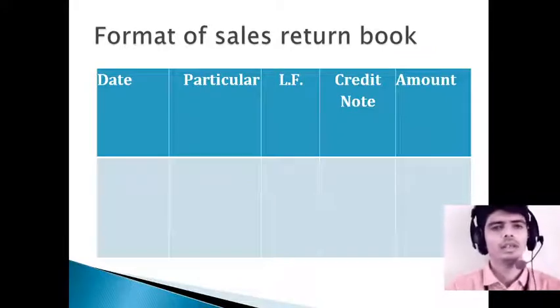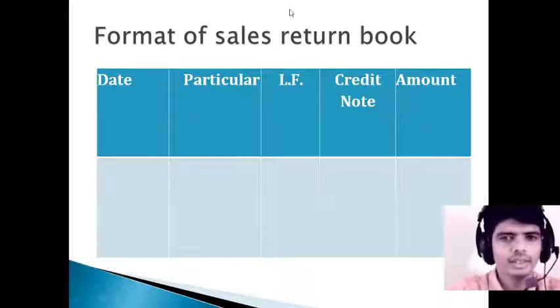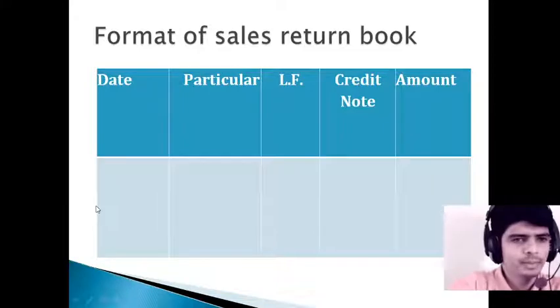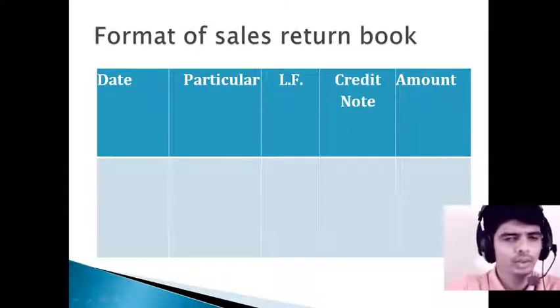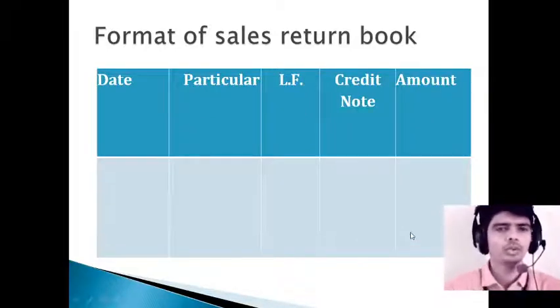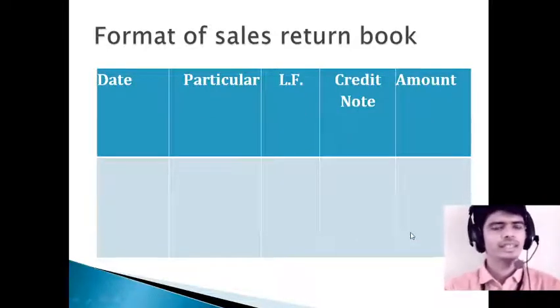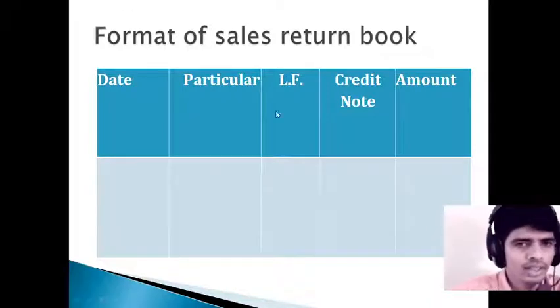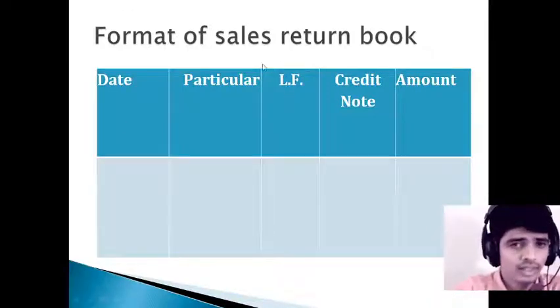Let's try to study the format of the sales return book. The format has date, next particulars, then LF, credit note, amount. Same as we discussed for the purchase return book, first we record the date, that is, the date on which the sales return happened, then the name of the supplier or buyer.